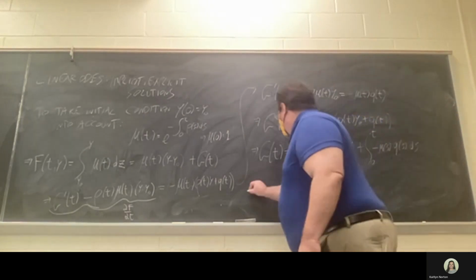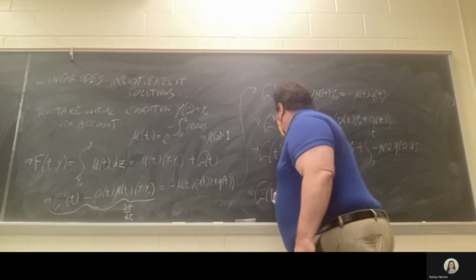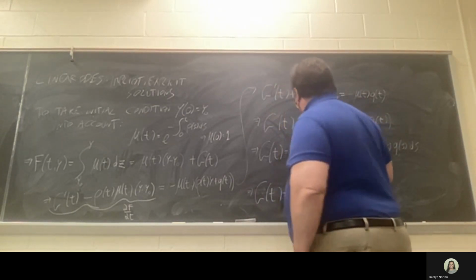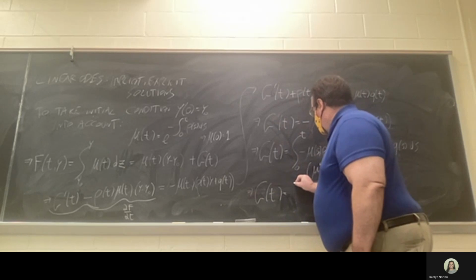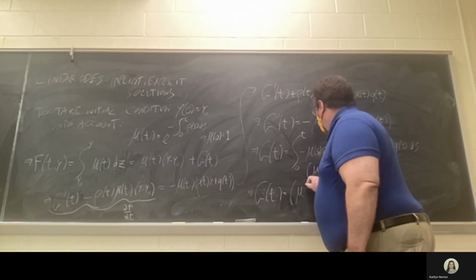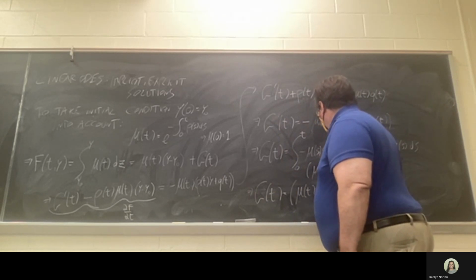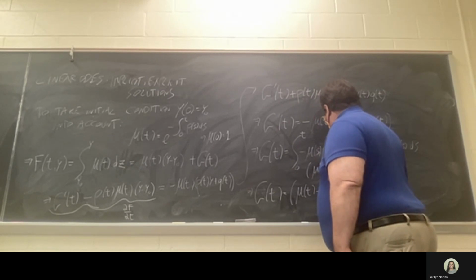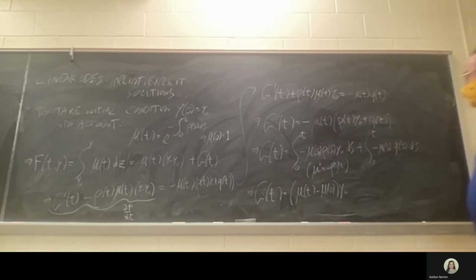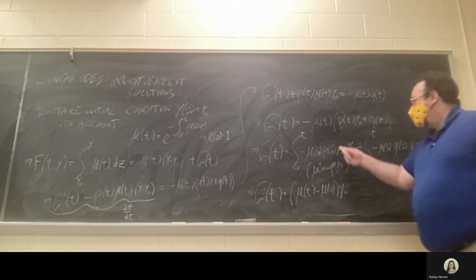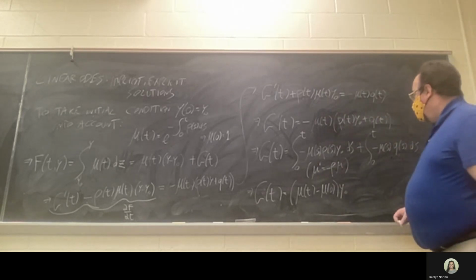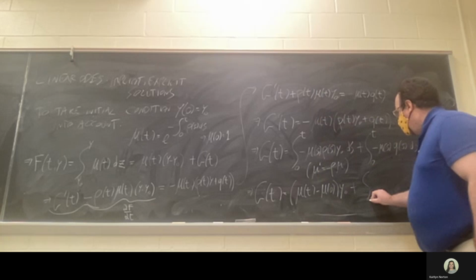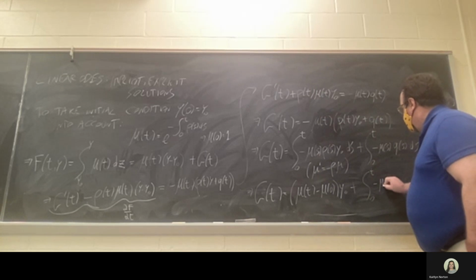So g of t is equal to mu of t minus mu of 0 times y naught, because it's a definite integral, plus all this, unchanged.